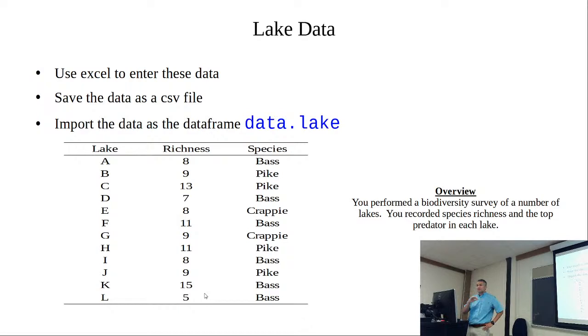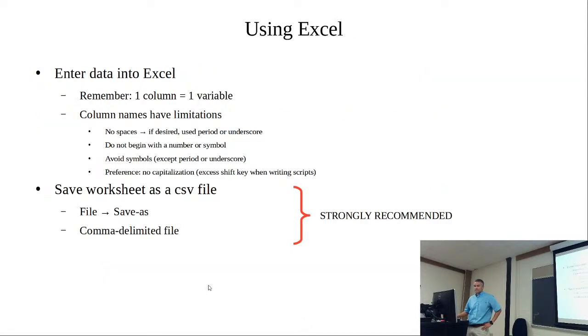We don't need our lines, we just need the regular data. And as you do this, there are some rules for Excel. One column per variable. That's rule number one. Rule number two, our header row, the column names, the variable names, do have limitations.